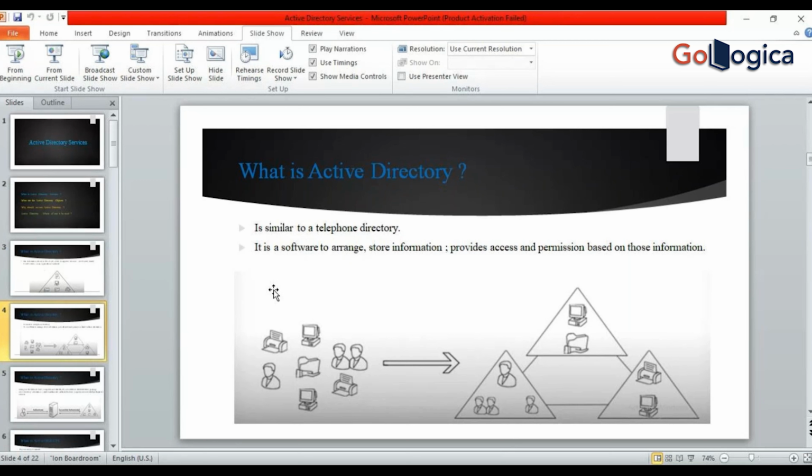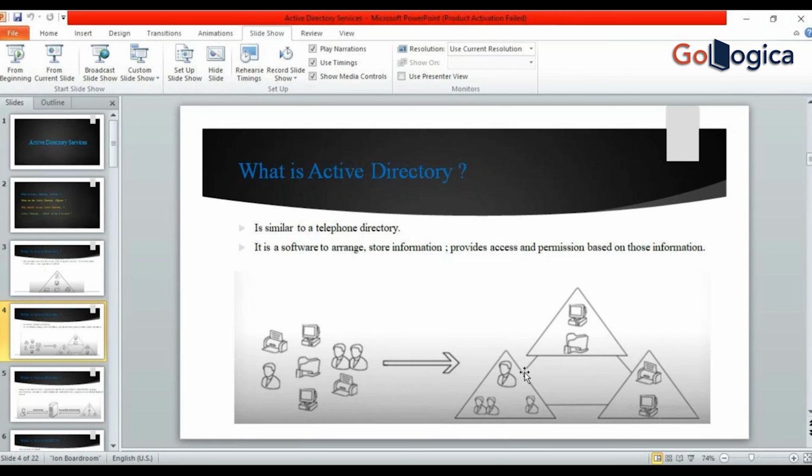Okay. So I'm talking about how it is quite similar to the telephone directory. Okay, and it gives the information about how the software is supposed to be arranged. On the left-hand side, there are lots of objects like computer, printer, user, and files and folders, and they are in isolated form. You can see the arrangement in the network. There is a computer which has the shared folder, and the printer is connected with the computers, and the computers are connected with the user.